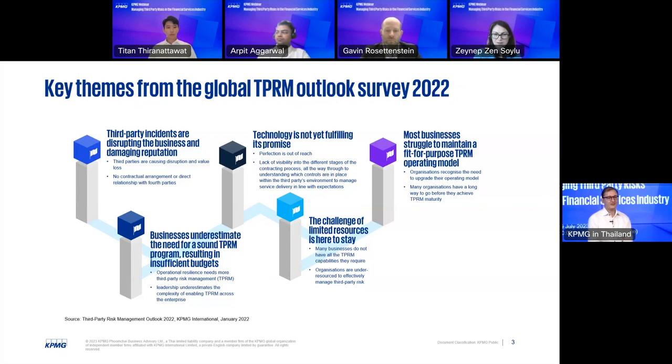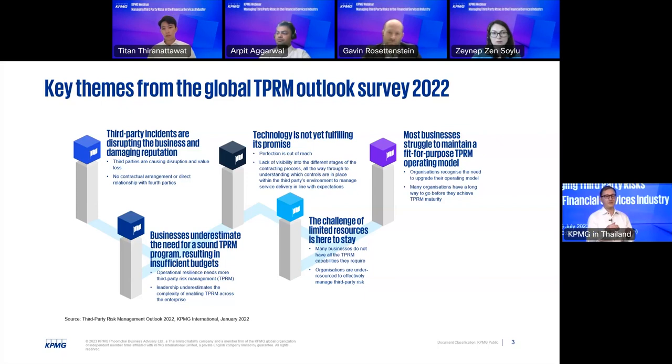Then I think the last 2 themes, just very briefly touching on those, resource constraints. So we talked a bit earlier about how the importance of third parties keeps growing for the businesses. The amount of work that is required to manage those third-party risks effectively is therefore also increasing.